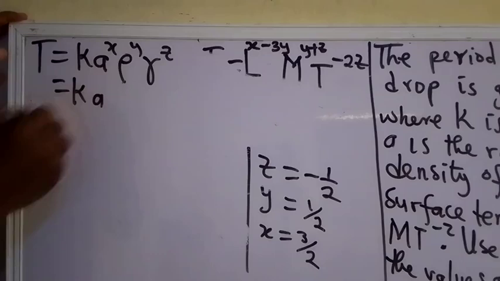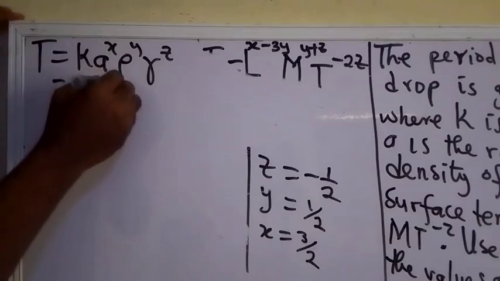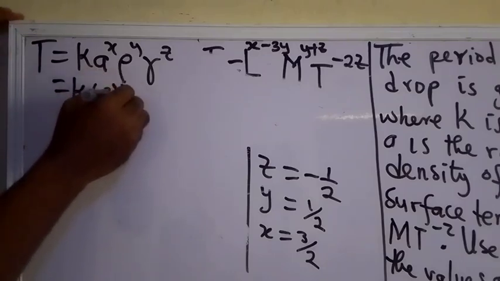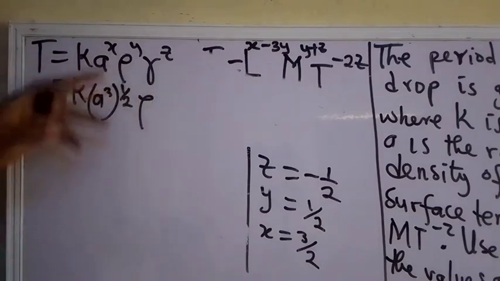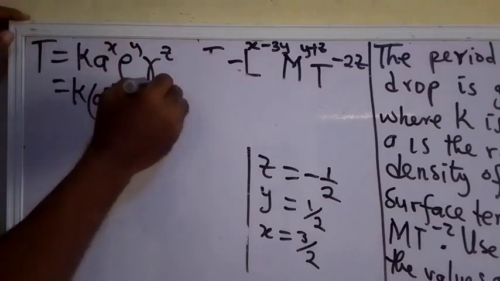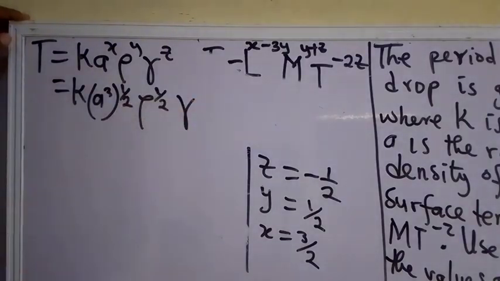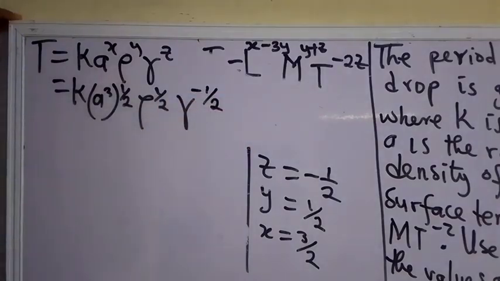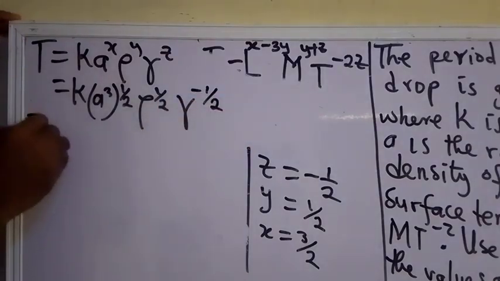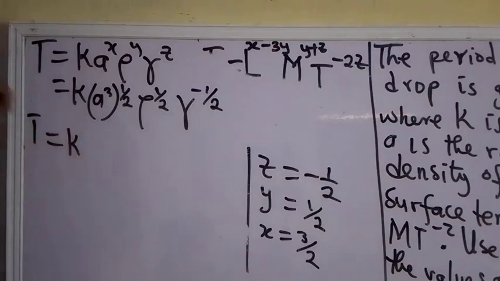X is 3 over 2, a raised to power 3 over 2. Rho raised to power y is 1 over 2, and tau is minus half.